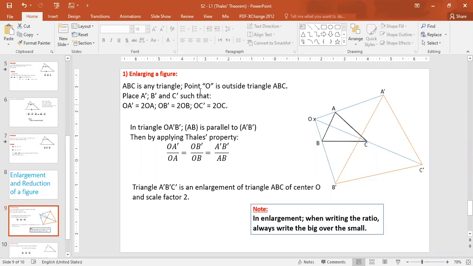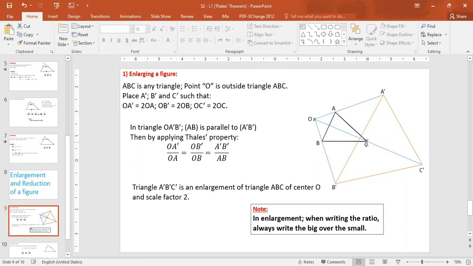Now, after drawing triangle ABC and taking O outside the triangle ABC, I told you, let's take a point A prime such that OA prime is equal to 2OA. So the measure of OA prime is twice the measure of OA. And I have taken the point B prime so that OB prime is twice the measure of OB. Also, I have taken OC prime twice the measure of OC.